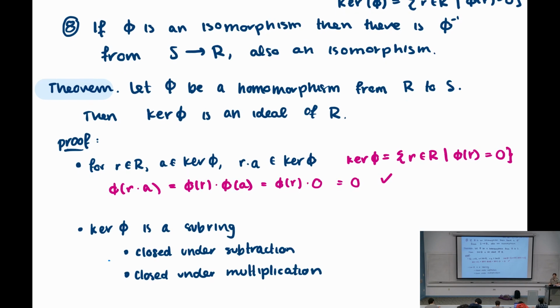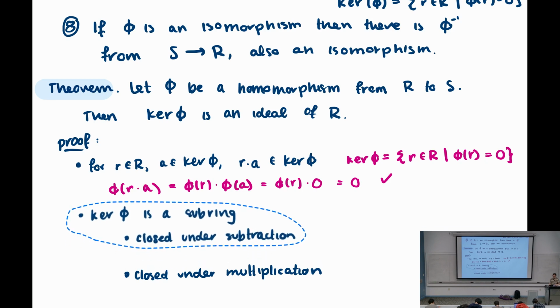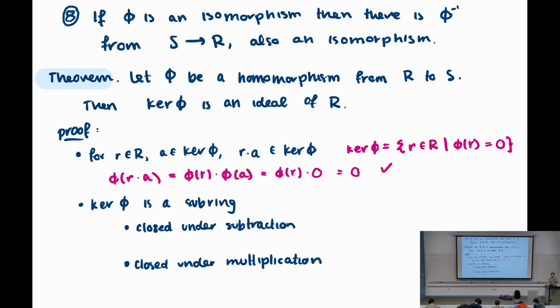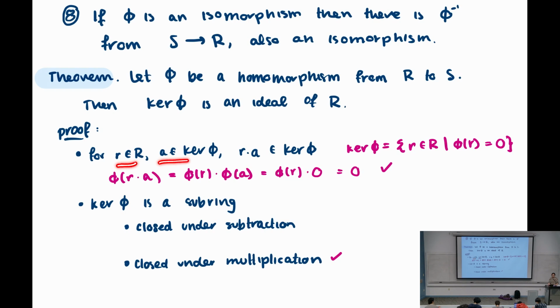Okay, so now let's show that it's a subring. Let me go for this second one first. So I claim that we've already proved this. So why is that? We just showed that it's an ideal, so if I take any R in the ring and any A in the kernel, then R times A is in the kernel.